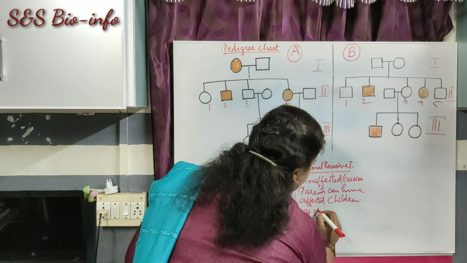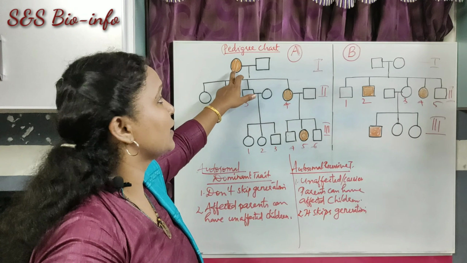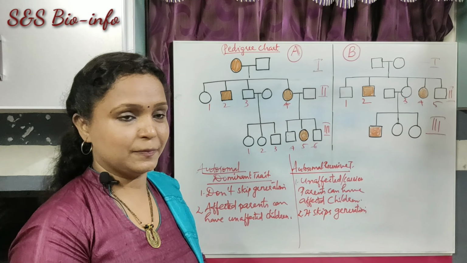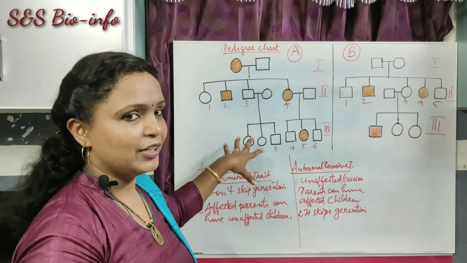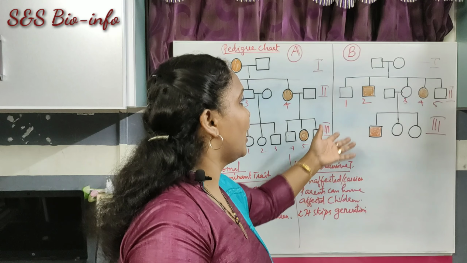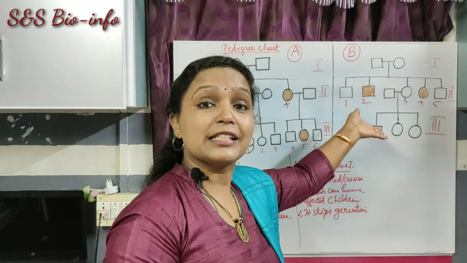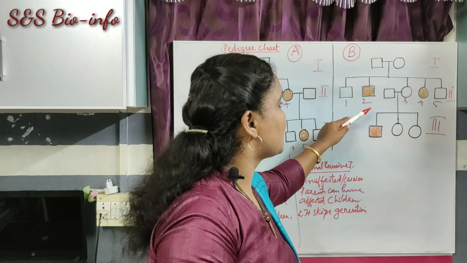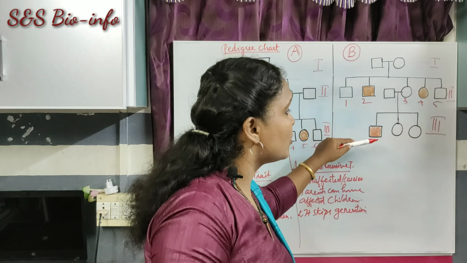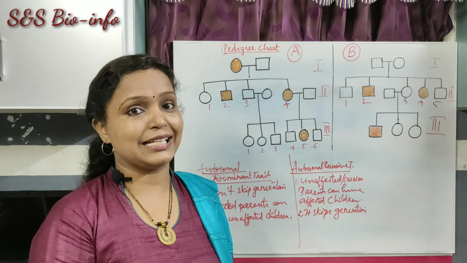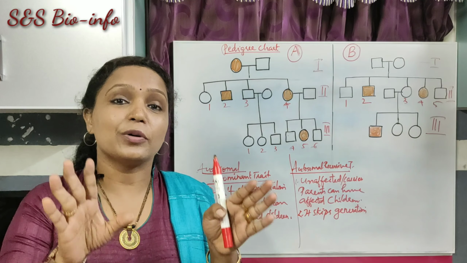Then affected parents can have unaffected children, and also affected children, so we can make sure it's autosomal dominant. In autosomal recessive, unaffected or carrier parents can have affected children, and it may skip a generation. It is not seen here, but it is present here, and also present here, but sometimes it may not be present in the next generation, so it skips the generation. As the disease or trait occurs in both sexes, it is sure to be an autosomal trait.